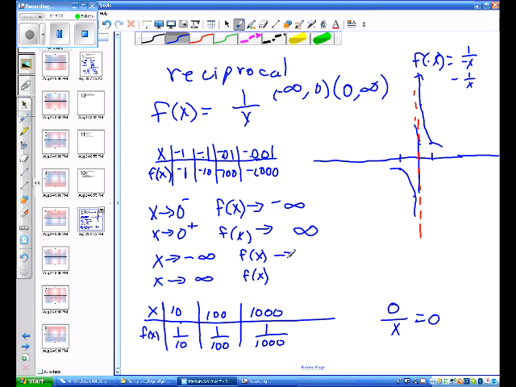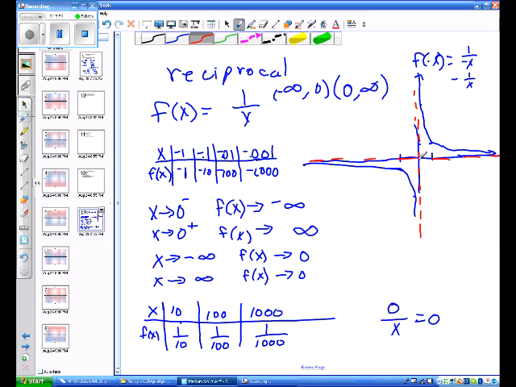So f of x is approaching 0. So our graph is doing this and this. Now what that makes then is our x-axis a horizontal asymptote. Our graph is approaching it, but never touching it.